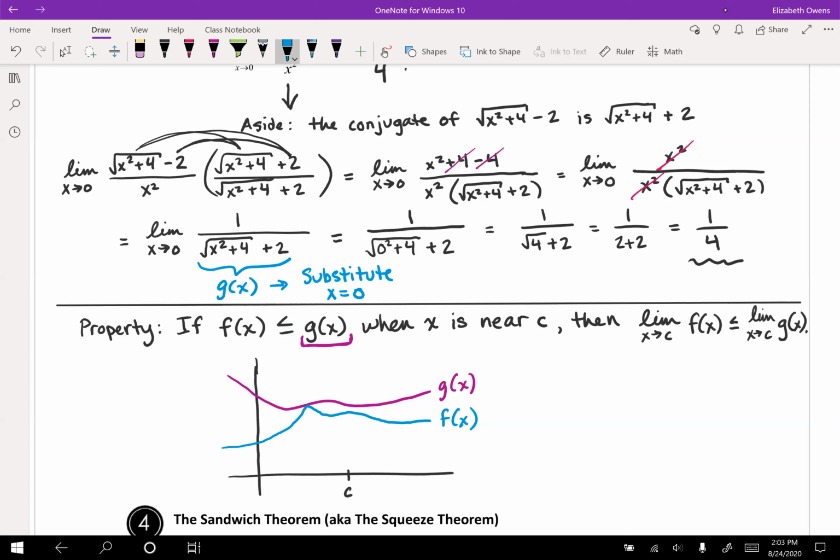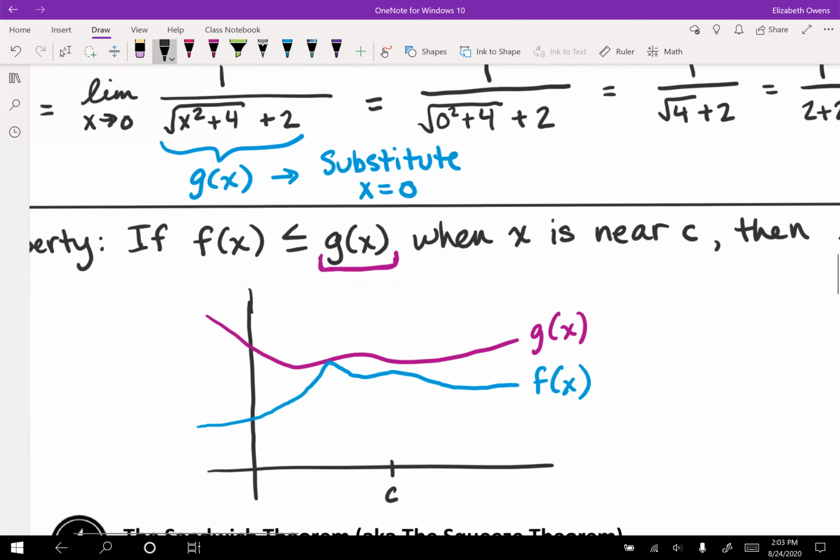Now on here we can see that same relationship with the limits. So remember, for your limits on a graph like this, you would find the limit of g of x by going to either side of x equals c, and then you would approach x equals c from both sides.